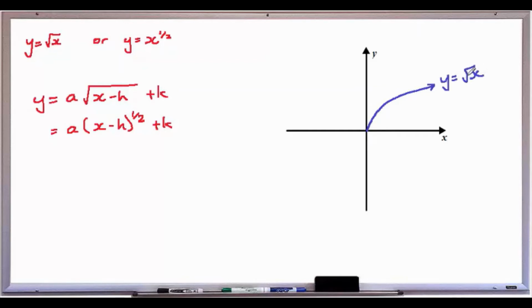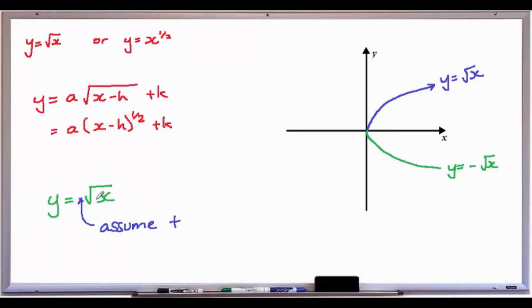Now, as you know, when you take the square root, you can have the positive or the negative square root, which would look like that. And this is where we have a new convention, and that is if I don't show the signs, so if I write y equals root x, then we assume that it's only the positive side.